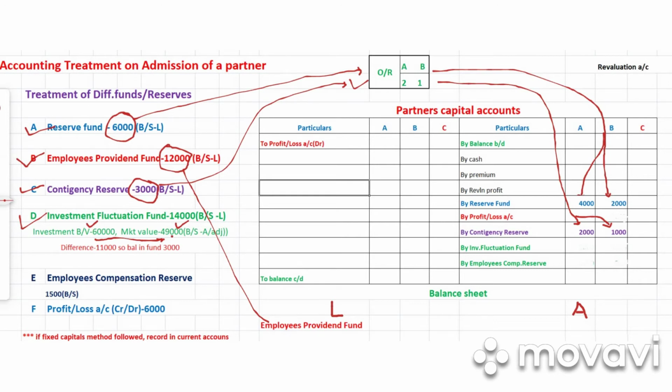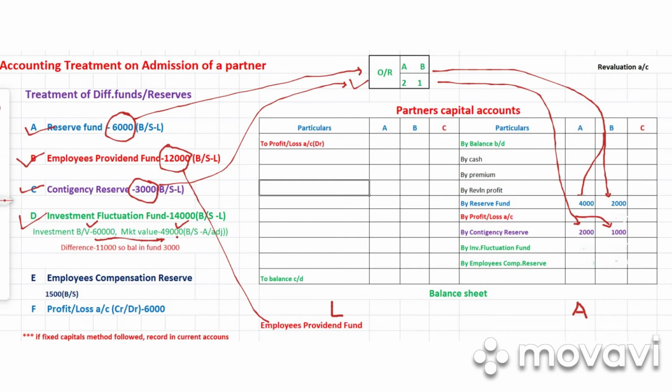Of course it is a loss, because asset value decreased means it is a loss. So in order to cover this loss, the partners may create a fund well in advance, right? So that fund is known as investment fluctuation fund. This is a fund created in order to cover the loss arising due to the fluctuation of the investment market value.